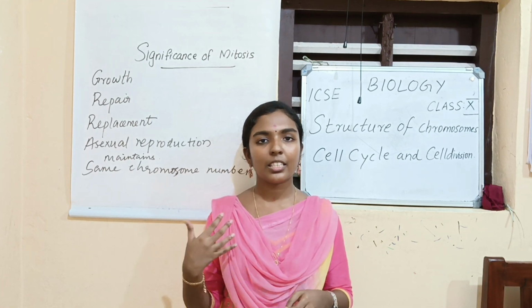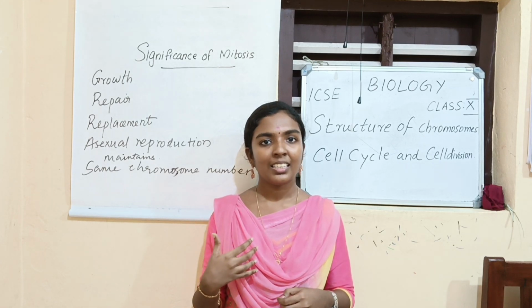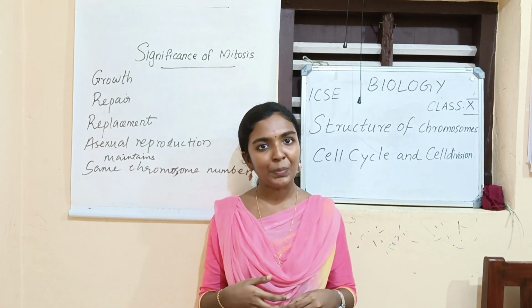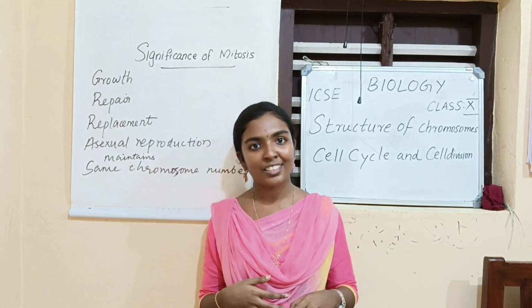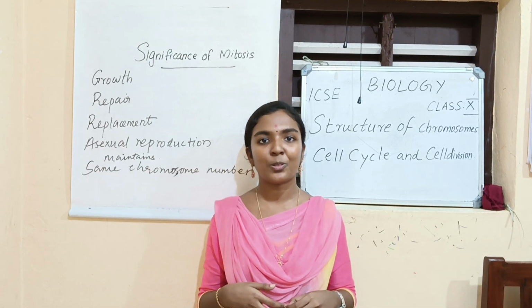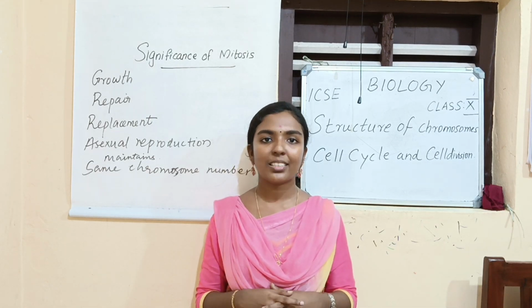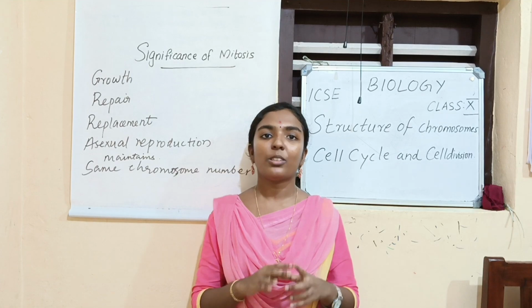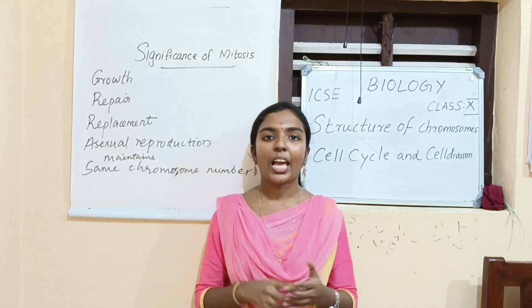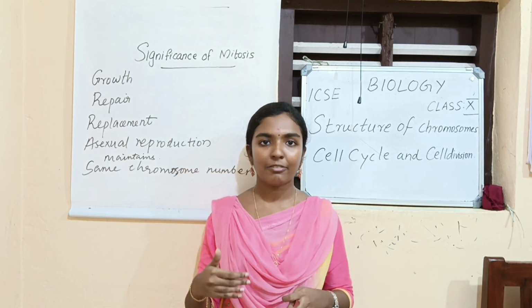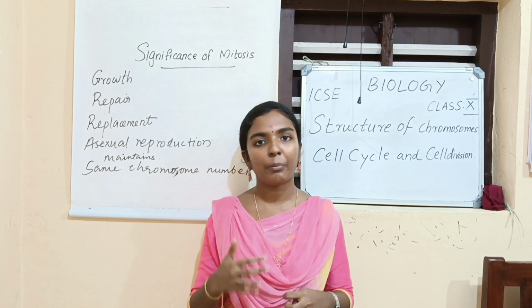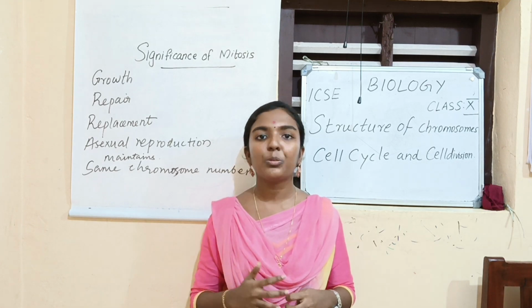What's the significance of mitosis? Growth, repair, replacement, asexual reproduction, and it maintains the same chromosome number. That's all about today's class. I hope you will study the phases very clearly. You have to learn prophase, metaphase, anaphase and telophase. Questions will be asked from that particular area, so you have to study it.